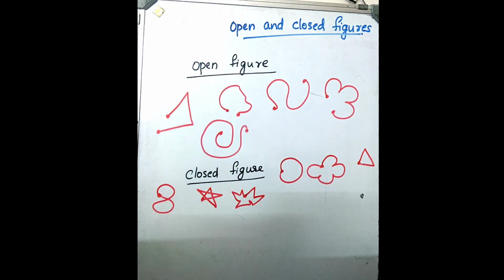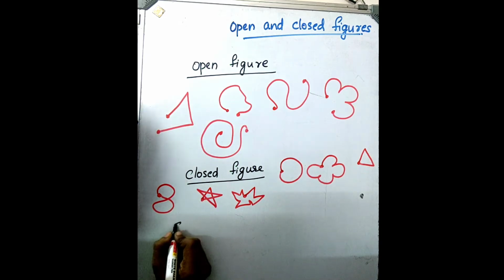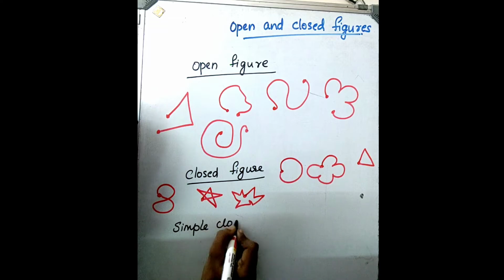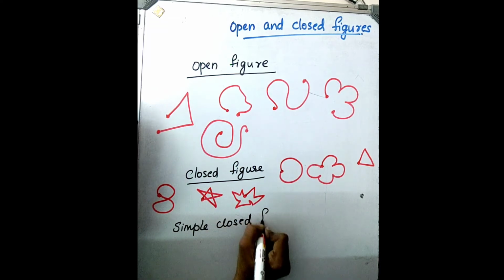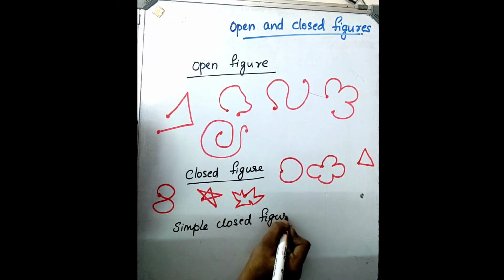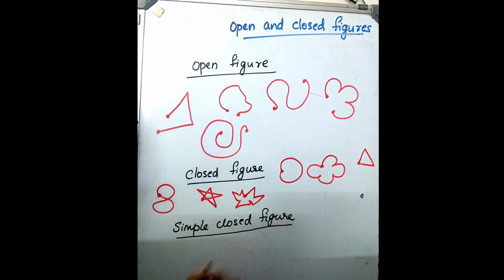The next, simple closed figure. This type of figures, when a shape or a figure does not cross itself.